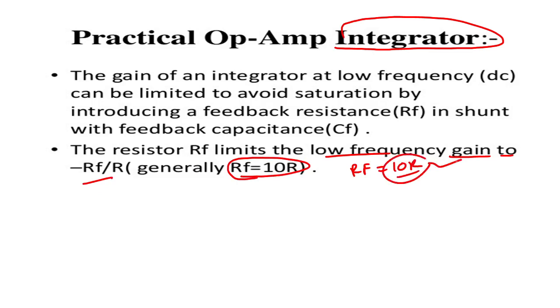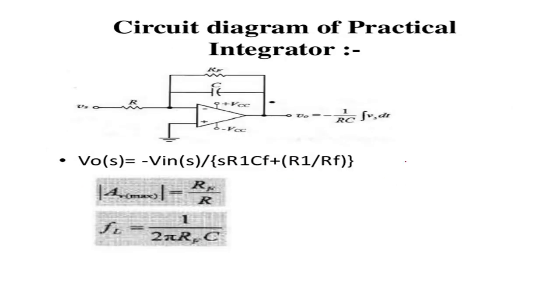If I put this RF as a resistor in parallel with this C, that is the capacitor in feedback in this circuit, then the output is equal to the integration of 1 by RC into Vs dt, same as this one.